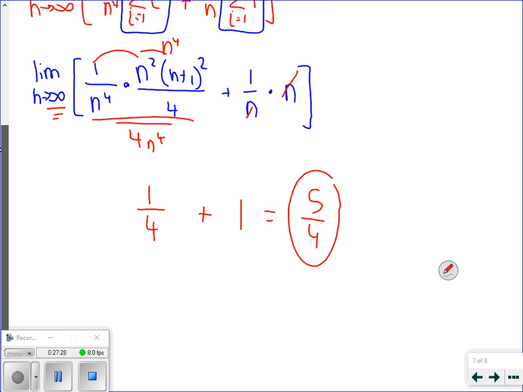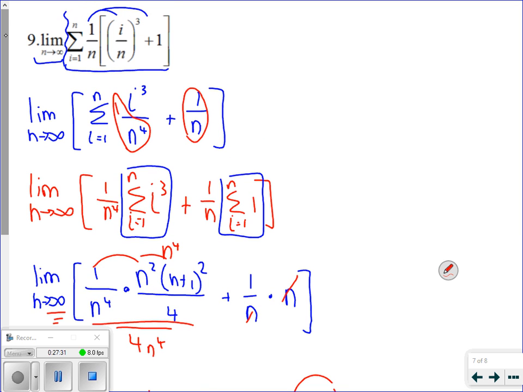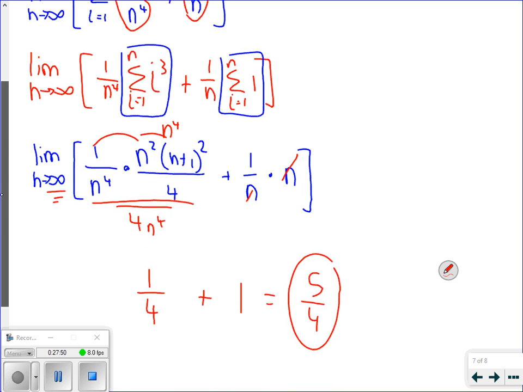So if I were to take this summation from 1 to n and take the limit to infinity, meaning I'm taking the infinite sum of terms. That's what the limit means, right? A limit of n to infinity means that I'm taking the infinite amount of terms from 1 to n and adding them all together. And what is that sum going to be?